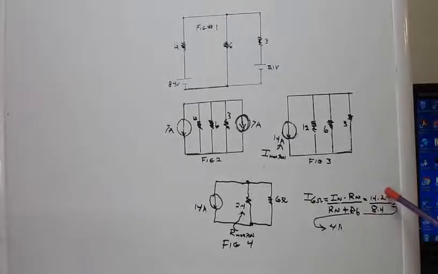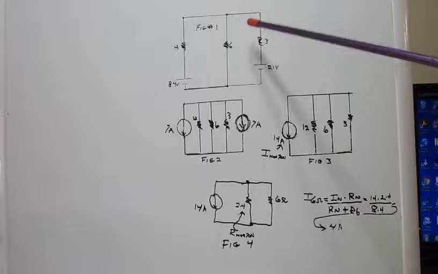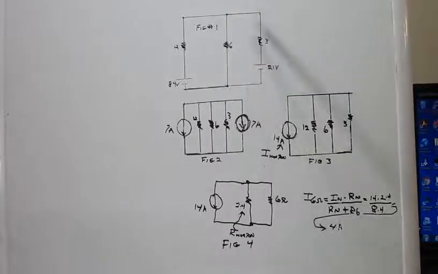That's 14 times 2.4 over 8.4. And there we have it. It comes out to 4 amps. That's all there is to it. So the current flowing through this resistor is 4 amps. It's going up from bottom to top.